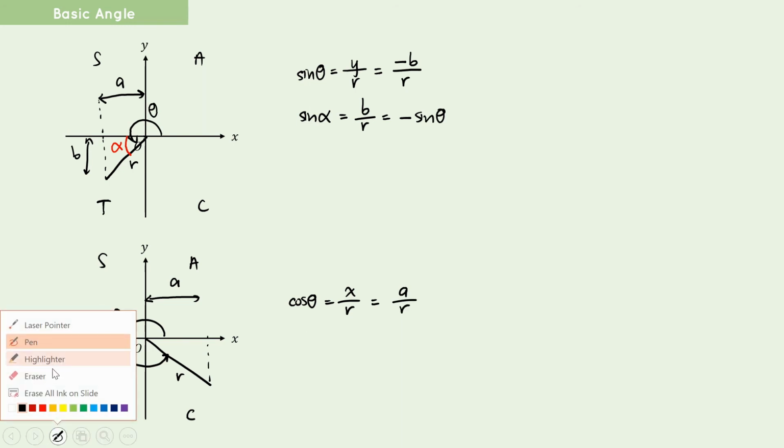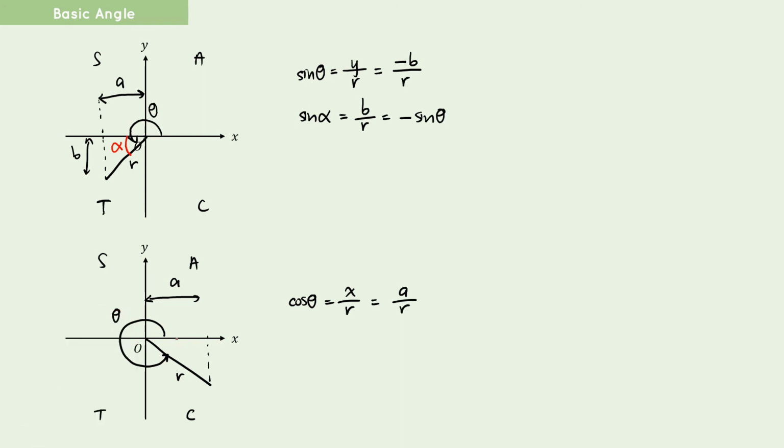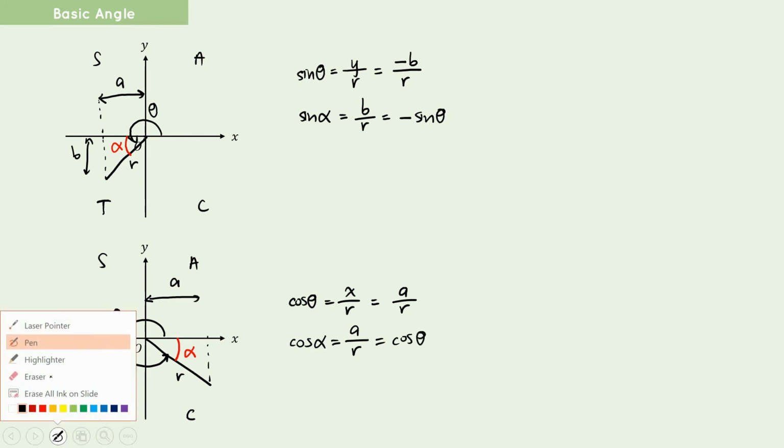And if I consider the basic angle alpha, then cosine alpha would be a over r, which would equal cosine theta. So over here we see the difference.